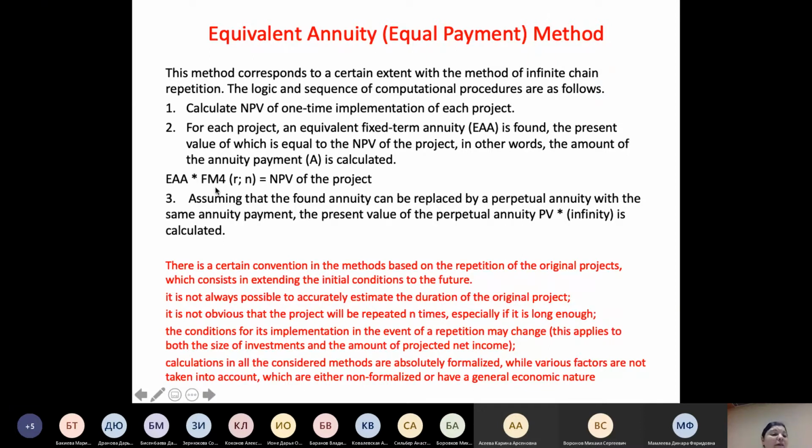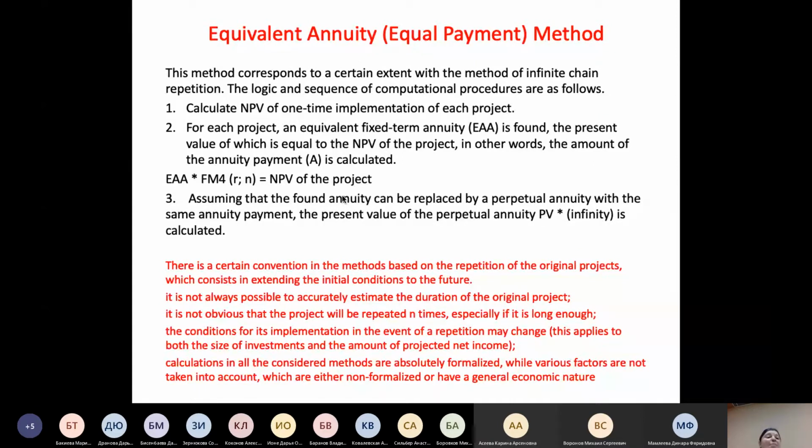It means we have to multiply our equivalent annuity by the discount factor, financial management 4, based on our rate, cost of capital, and period of realizing the project. Our equivalent annuity multiplied by the discount factor equals the net present value of the project.